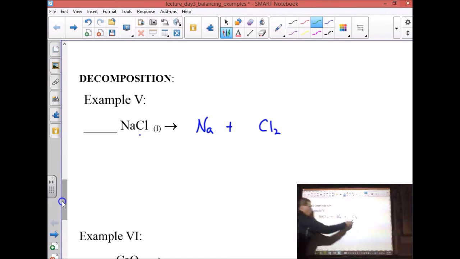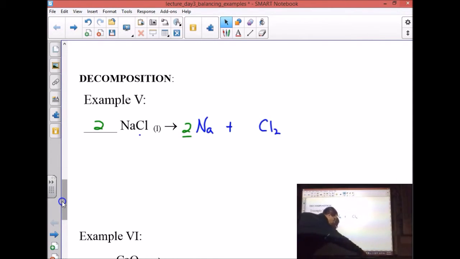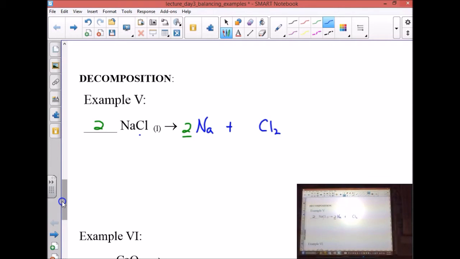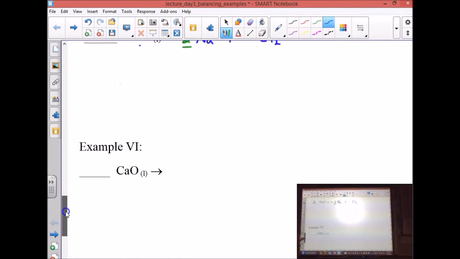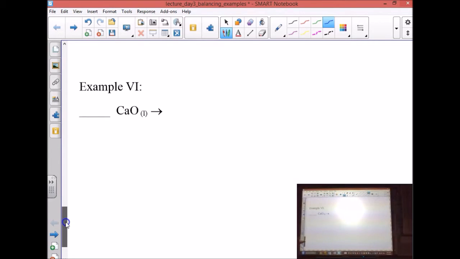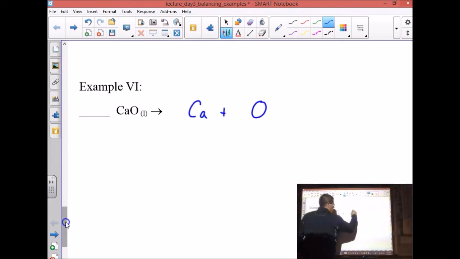Okay. So are we balanced? 2 there. And 2 there. Very good. Sound good? And we got one more. How do I write this? Good. Ca plus O2. Oxygen, ends in gen.